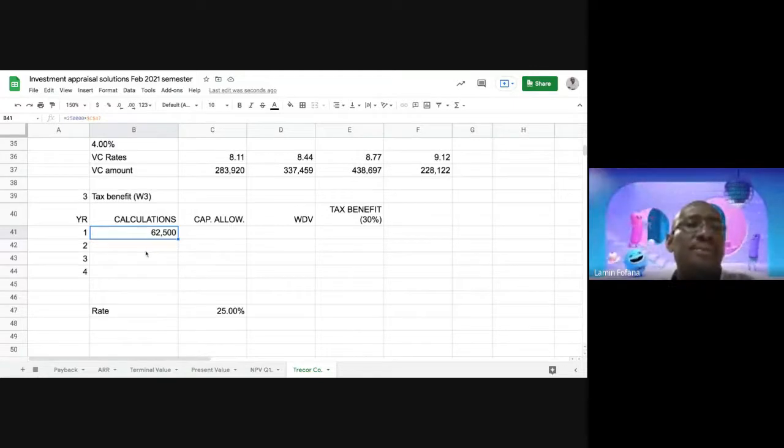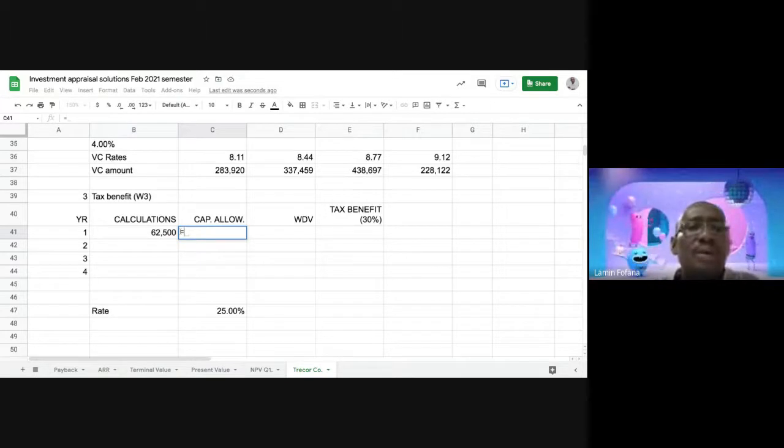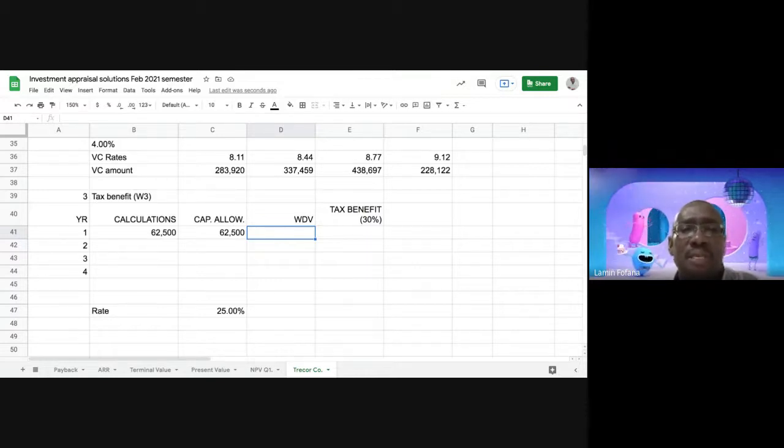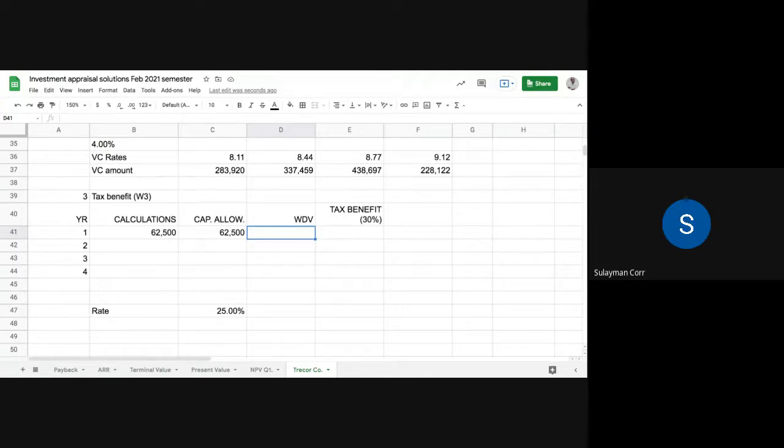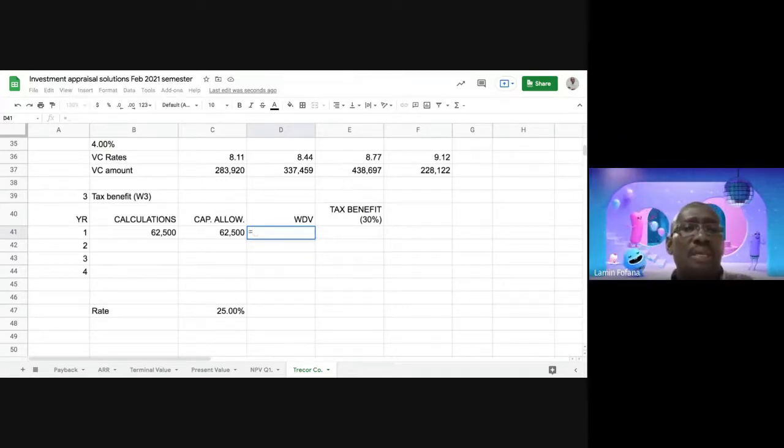Okay. So we're going to do our calculations here. Then we can put our capital allowance here. Now, what will be our WDV, our written down value? It will be 250,000 minus 62,500. Let me call this the balance brought forward.